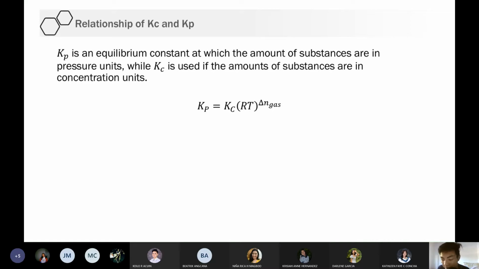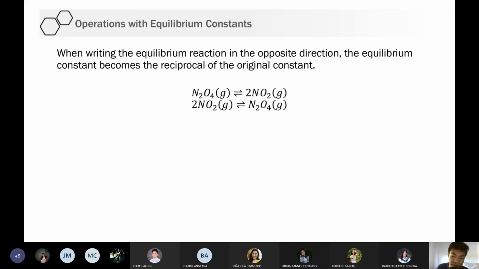What else? Last time we were able to cover the operations with the equilibrium constant. As I told you, the value of the equilibrium constant depends on how you write the equation. If you reverse the equation, the equilibrium constant becomes the reciprocal.